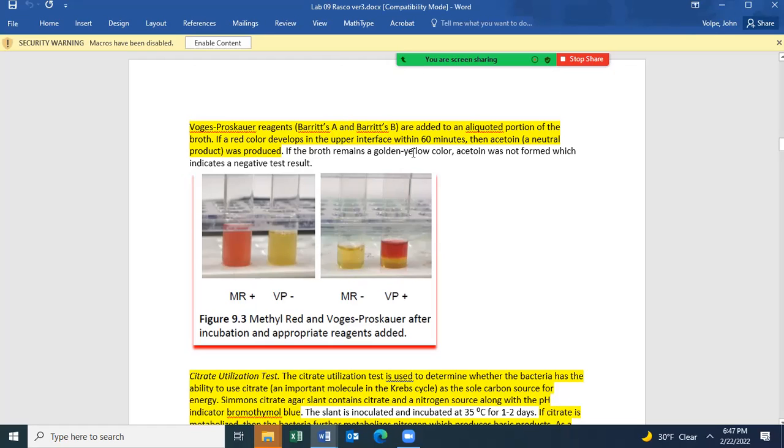And then let it sit for 60 minutes. And if acetoin is made from glycolysis, a neutral product of glycolysis, the tube will turn red, and then it's VP positive. If it doesn't turn red, it's VP negative. And that's the VP test.